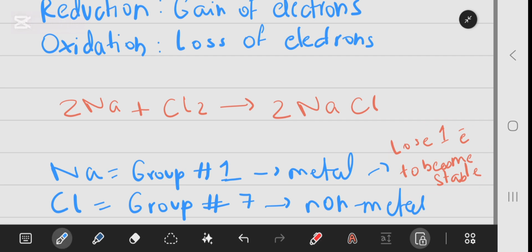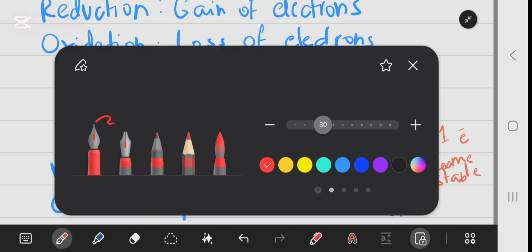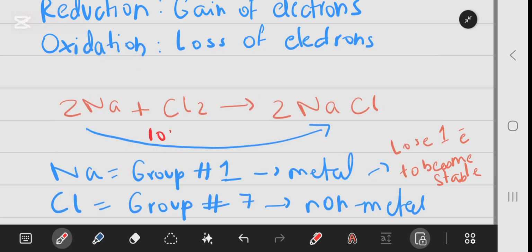So sodium is undergoing loss of electron, and on the other hand chlorine is gaining an electron.